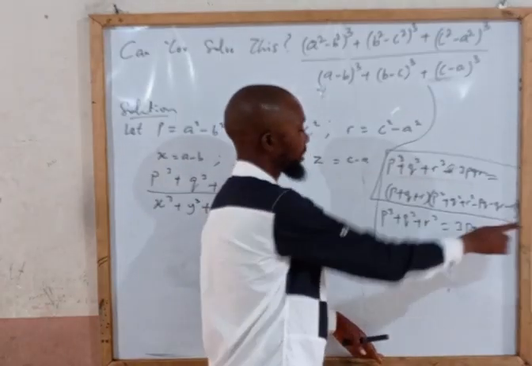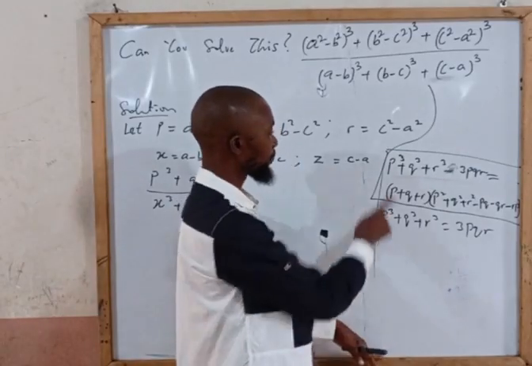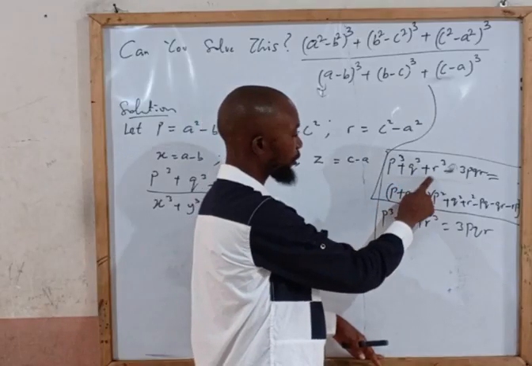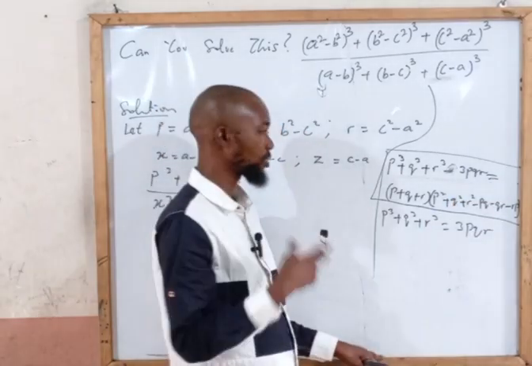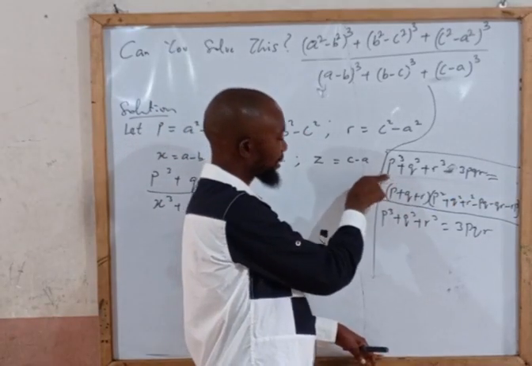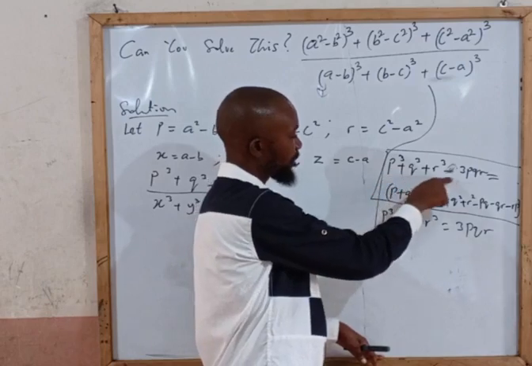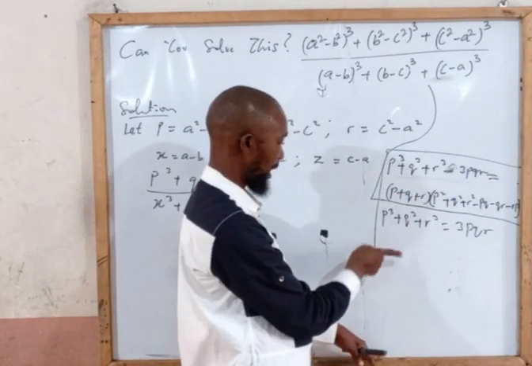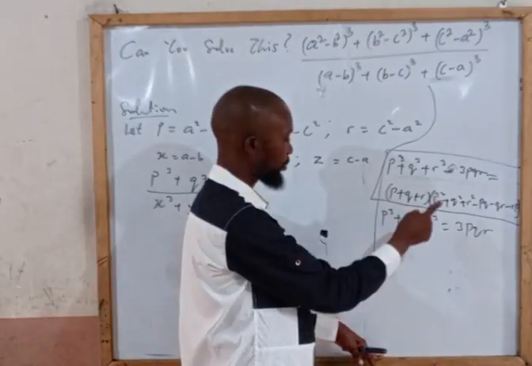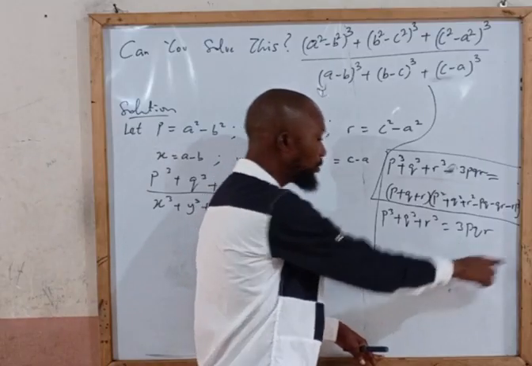So when the whole of this is 0, what that simply means is P cube plus Q cube plus R cube minus 3PQR will be equal to 0. Another way of expressing this is to state it as P cube plus Q cube plus R cube is equal to 3PQR.